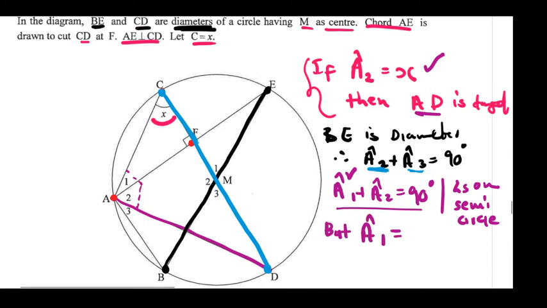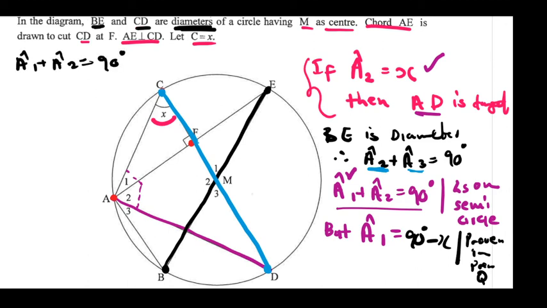We found that in the previous question. A1 is equal to 90 degrees minus X. So the reason for this, you can simply say proven in previous question. You can write that down, it doesn't really matter.